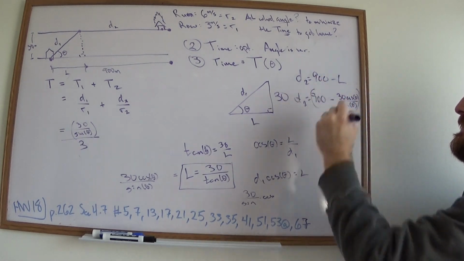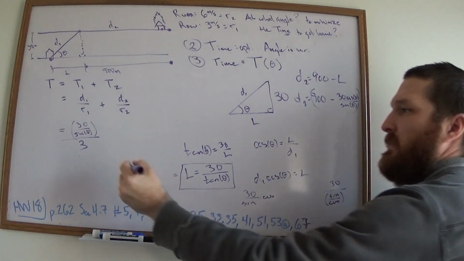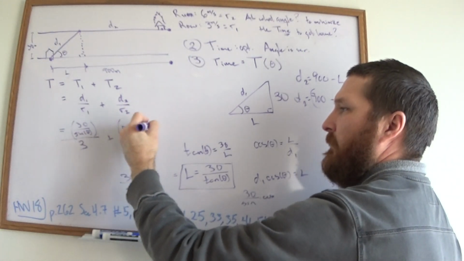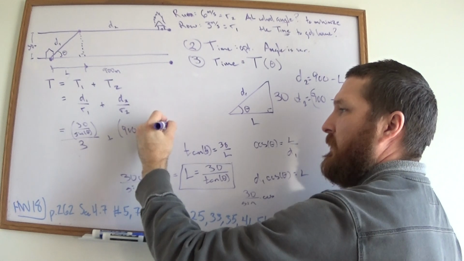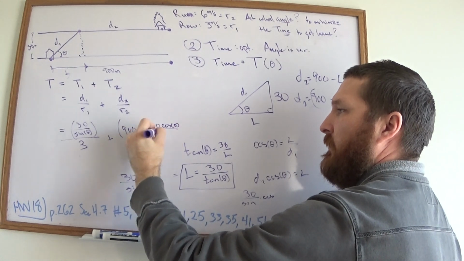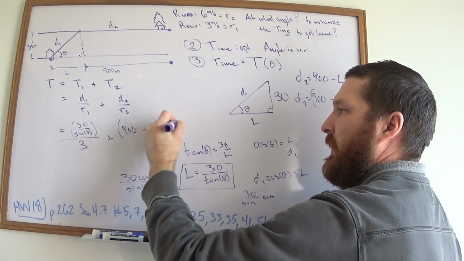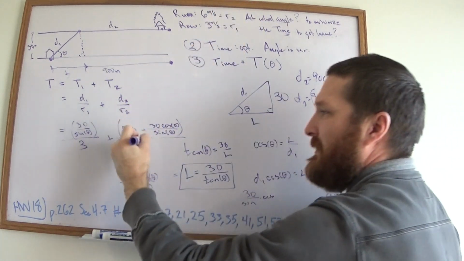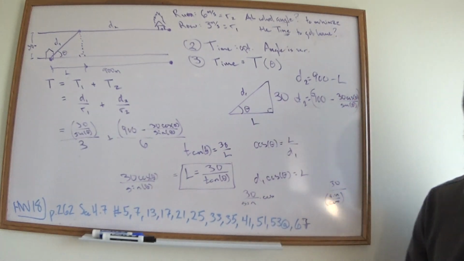So there's d2. So plus d2 is 900 minus 30 cosine theta over sine theta, like that, yeah? All over R2, which is 6.